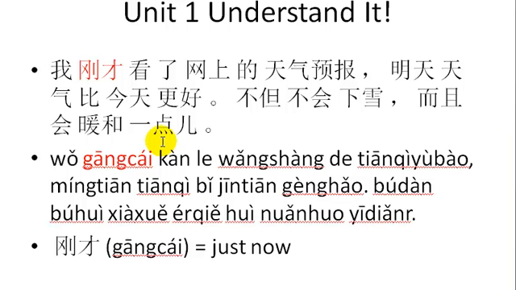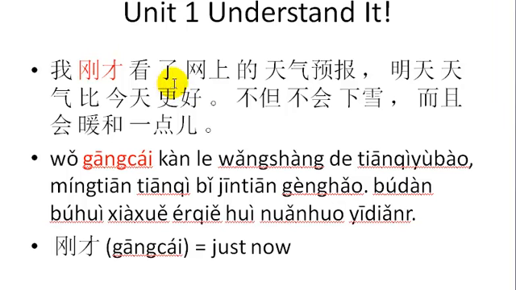Let's break it down. First of all, 刚才 means just now. So Gao Xiaoyin is saying, 我刚才, just now I did something. Okay, we have a verb here. Just now I did something. Well, what did she do?